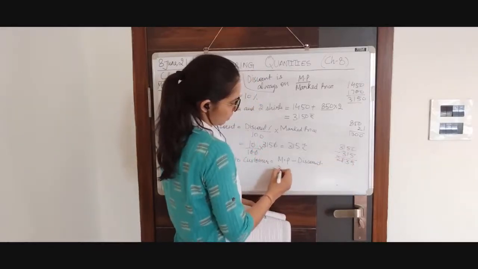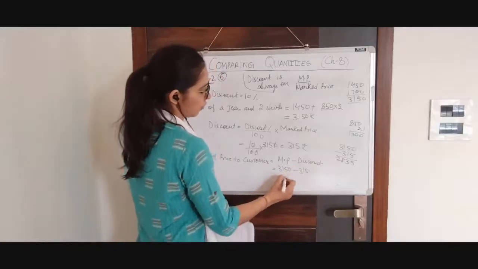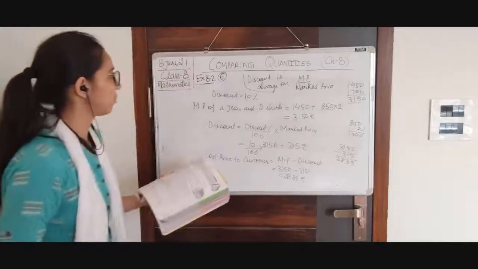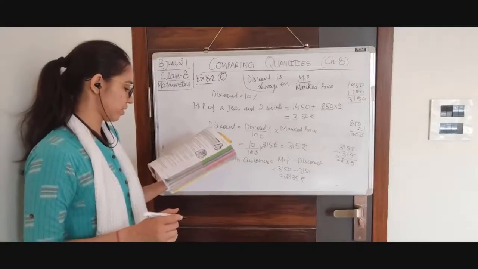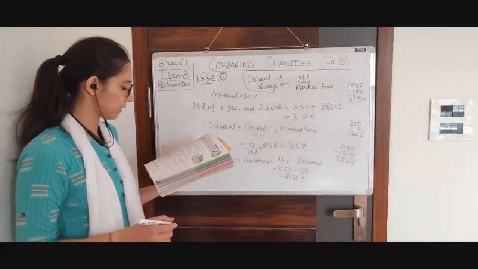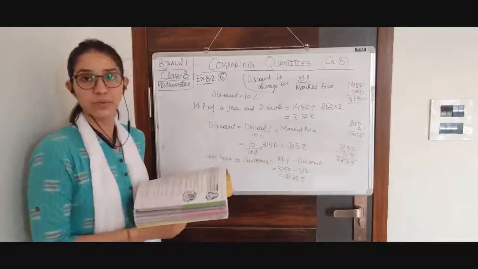So it will be 3150 minus 315, that is 2835 rupees. ठीक है, this question was of discount and discount percentage. Now question number 7. Question number 7 is similar to question number 5.